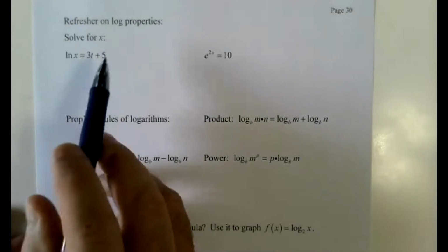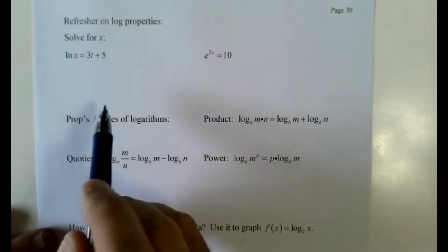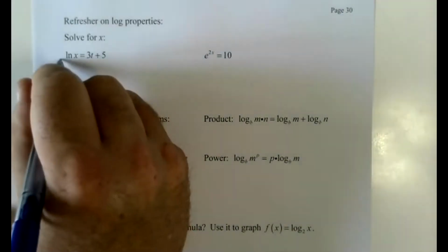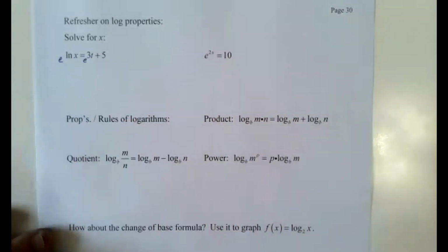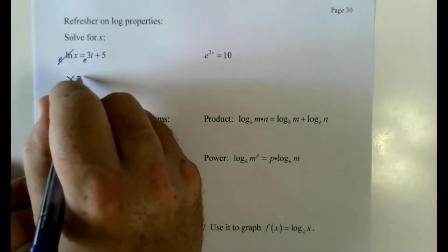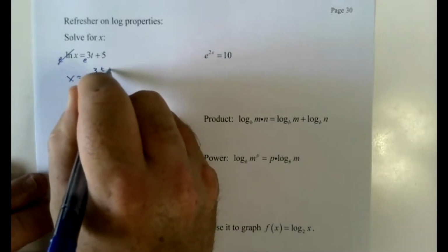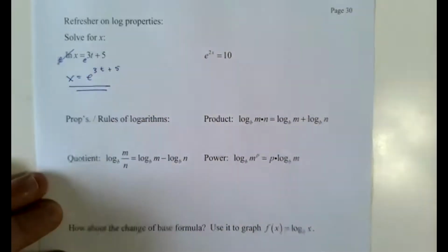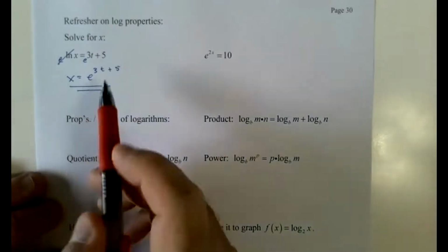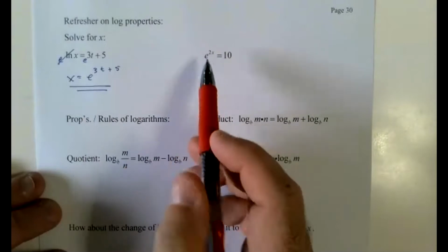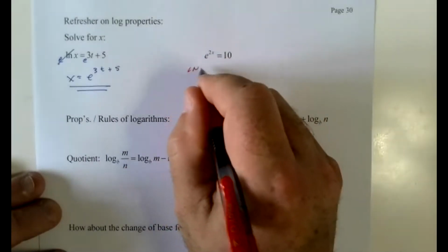Solve for x, right? We want to get x out of there, we would do an e. I say we e it, which is really horrible math, but I like it, so the hell with it. X equals e to the 3t plus 5. That's it, right? If we need to get the x out, we need to get the 2x down, so we natural log both sides.